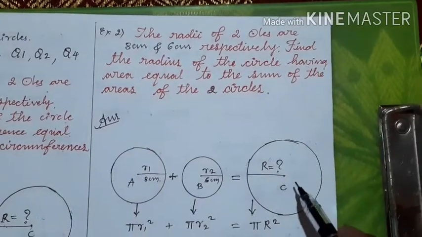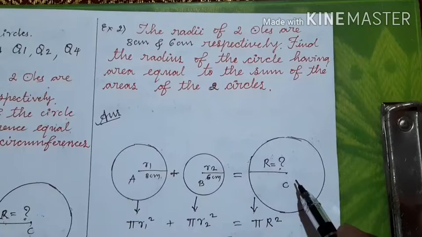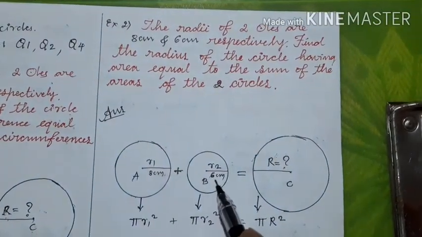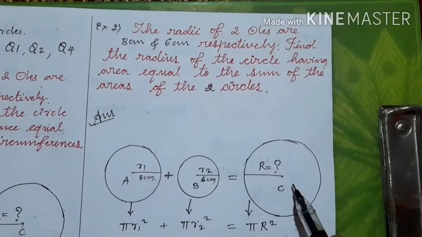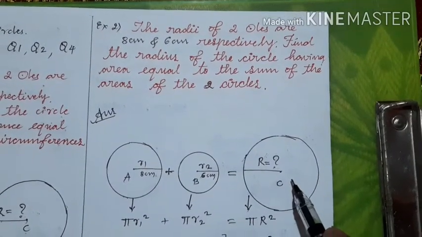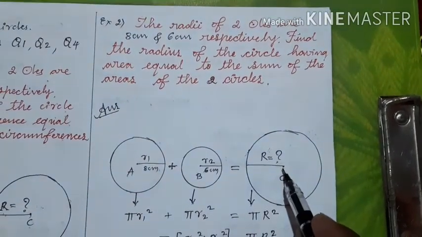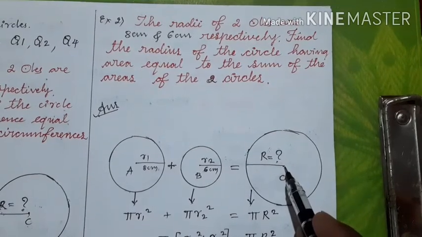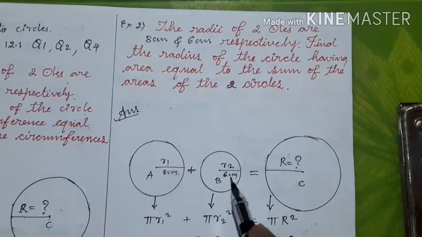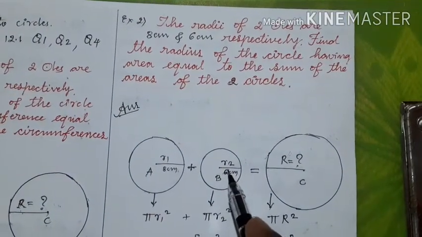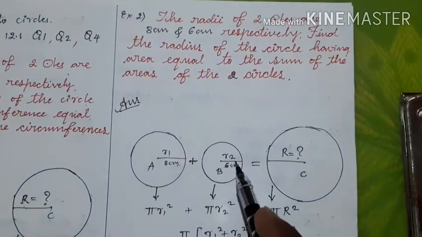The area of this circle should be equal to the sum of the area of this circle and this circle. In such a way, we will get this new circle. And we need to find the new circle which has the area equal to the sum of these two circles. Let us see how to find it.